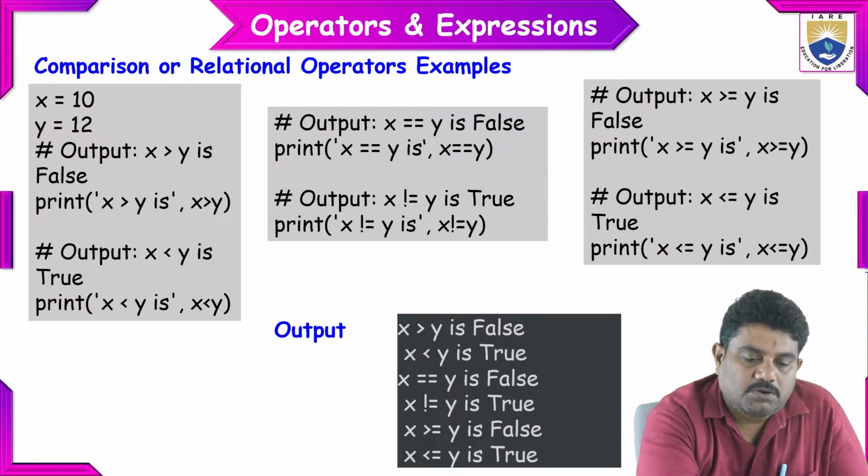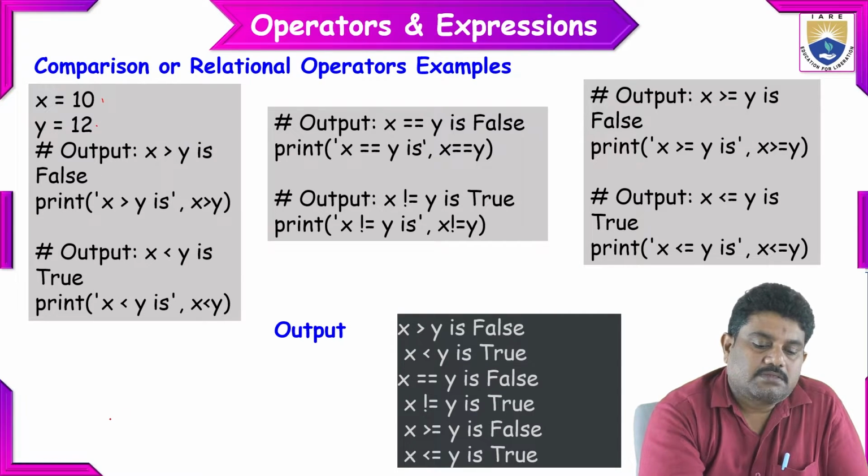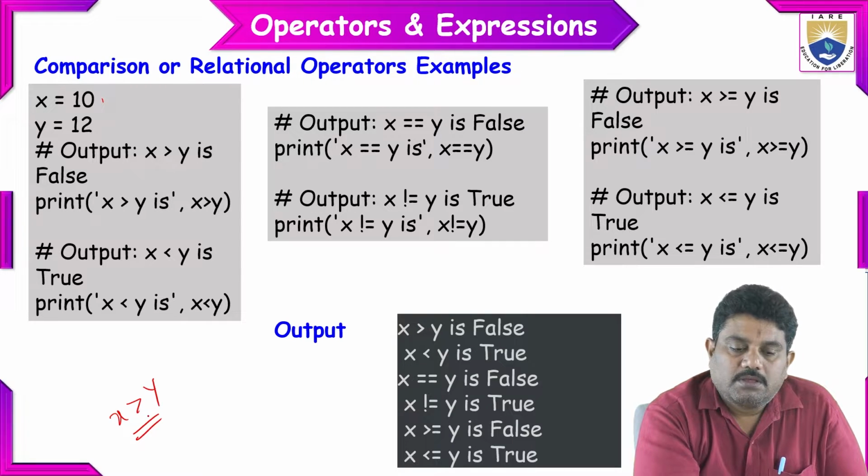Here you see x equal to 10 and y equal to 12. So x greater than y: if you replace this expression with values, 10 is greater than 12. Is it true or false? False.